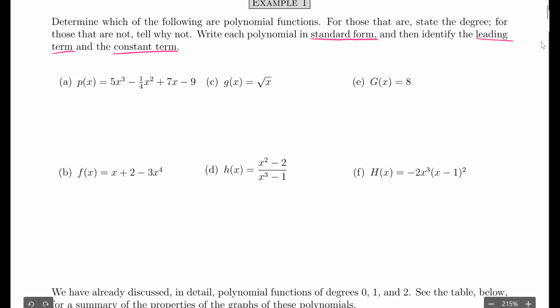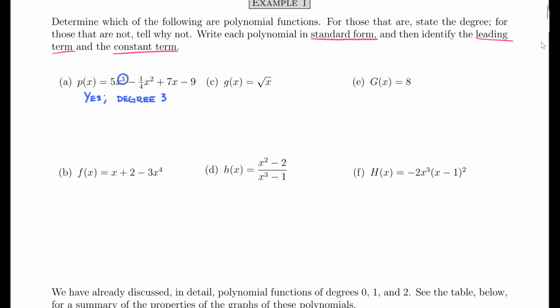For part A, this one is written in descending order of powers. So this is a polynomial, and it has a degree of 3, because that is the highest power on any of the terms for x.